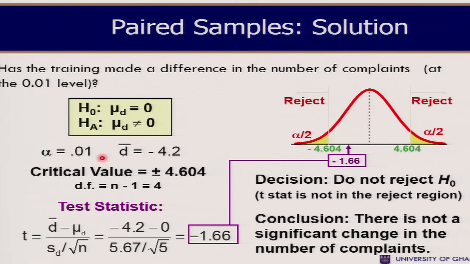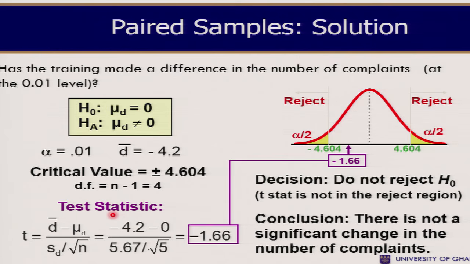At an alpha of 0.01 and a calculated D bar of -4.2, we calculate a critical value, which is a t statistic with n-1 degrees of freedom, and that gave us 4.604. You can get this from the t table.